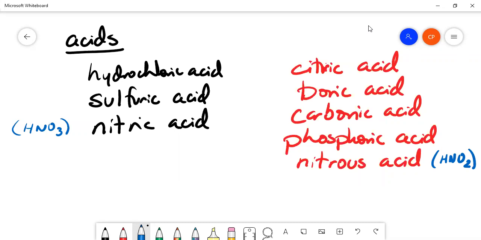Remember that the -ic acid suffix corresponds with ions that have the -ate suffix in their name. NO3 minus is nitrate ion. It corresponds to nitric acid. Sulfuric acid, what's the formula of sulfuric acid again?